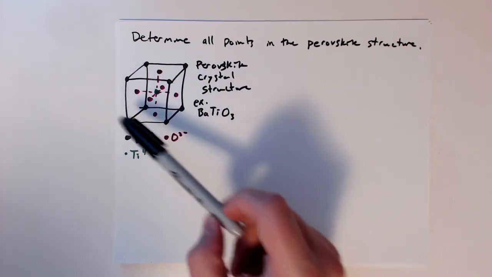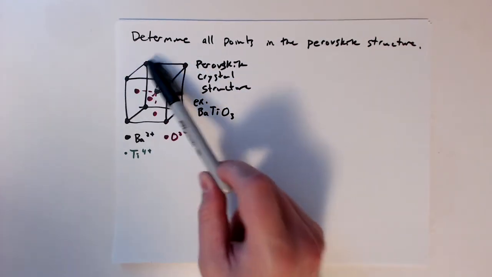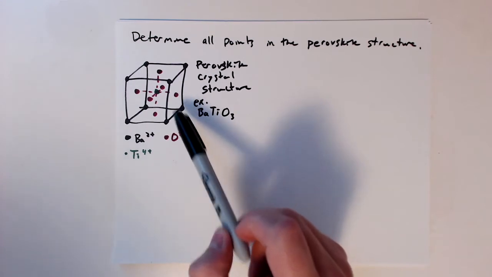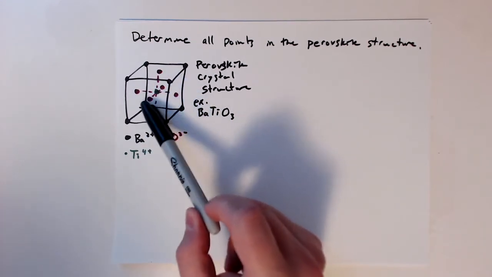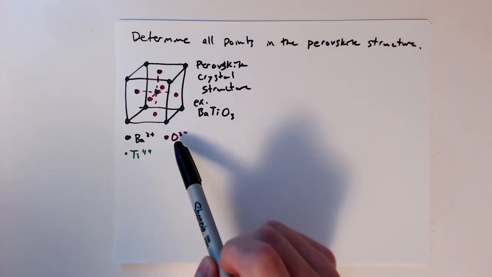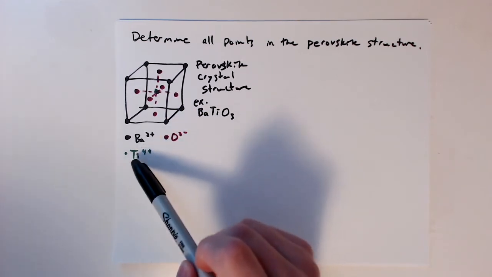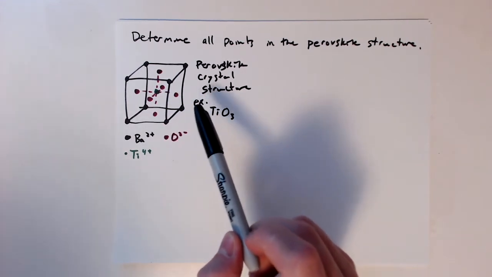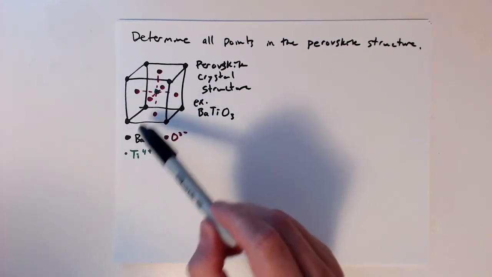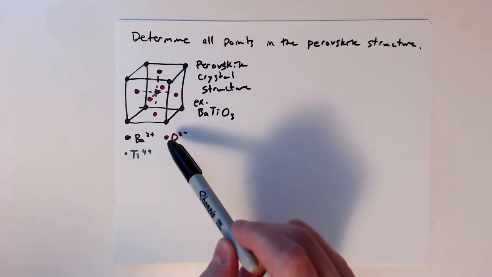We have a cube with points here represented by barium ions, and then we also have other points in this cube that represent the oxygen ions and the titanium ions. Basically, I want you to use our point coordinates to identify all the various points in this lattice. That's what you want to do with this problem.